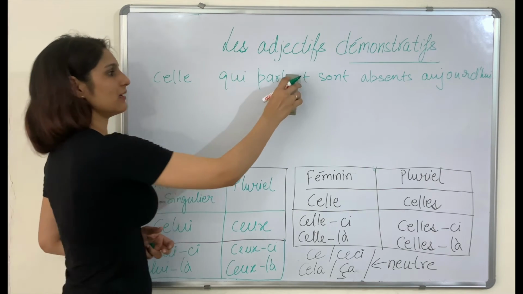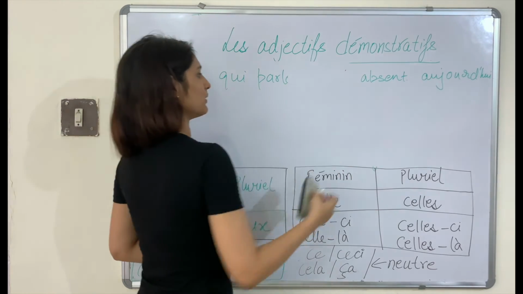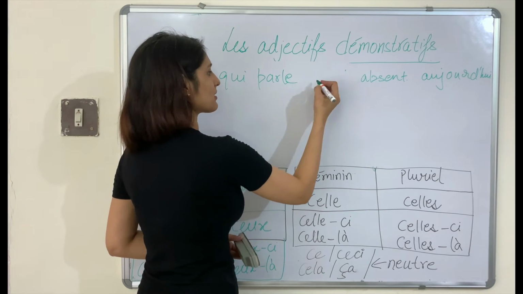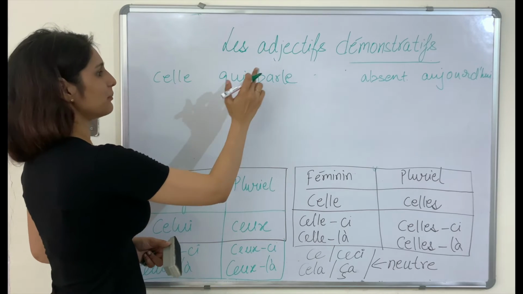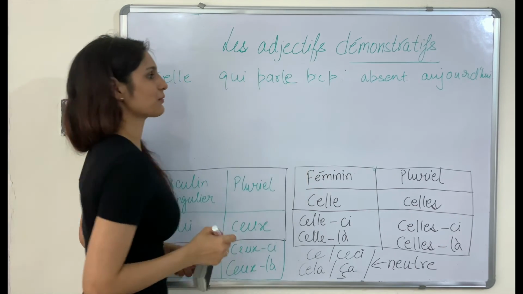Celle qui parle beaucoup est absente aujourd'hui. That who talks a lot is absent today. That is qui parle. Celle qui parle beaucoup. This is the shortest form.